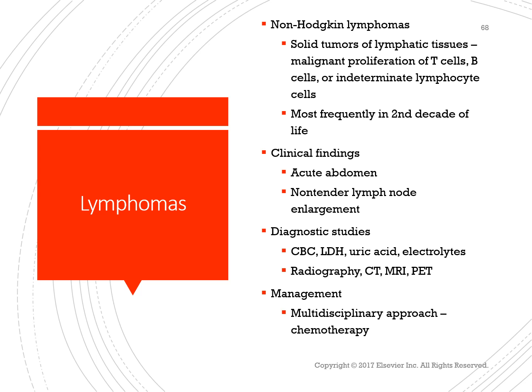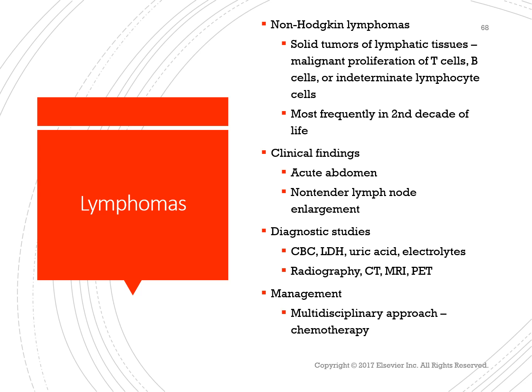Lymphomas: if we have a non-Hodgkin lymphoma, these are solid tumors of the lymphatic tissues. It's a malignant proliferation of the T cells, B cells, or indeterminate lymphocyte cells. This is most frequently diagnosed in the second decade of life.